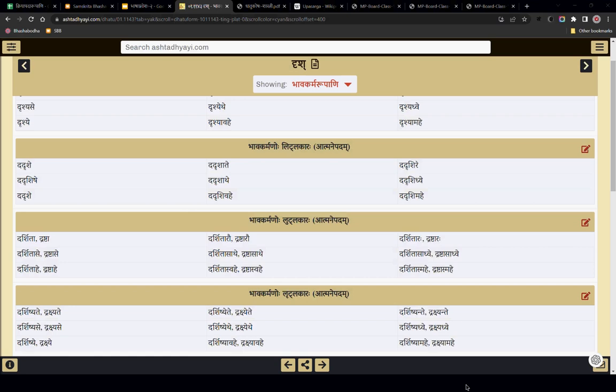The next one here is aham katham janami. Shubhasri, beginning. Aham katham janami. Aham tritiya.